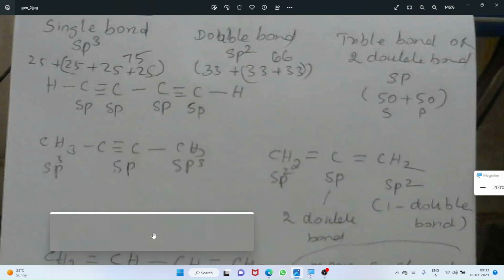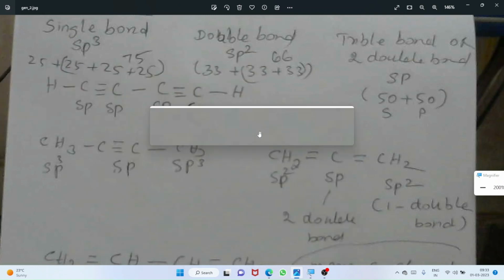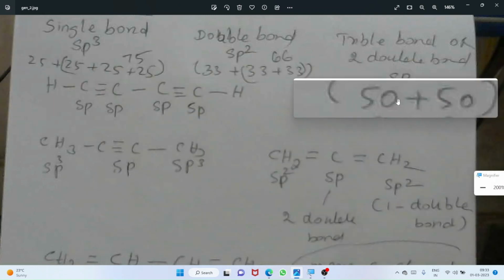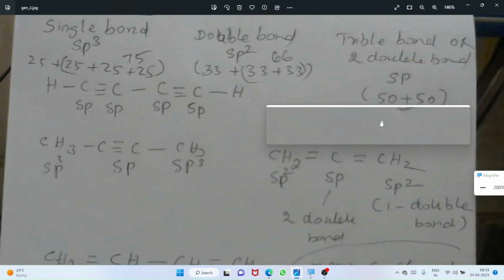In sp3, we have one S and three P's, so the S character is 25% and the P character is 75%. As the S character is more, the electronegativity is more. So among these three hybridizations, sp has the higher electronegativity.